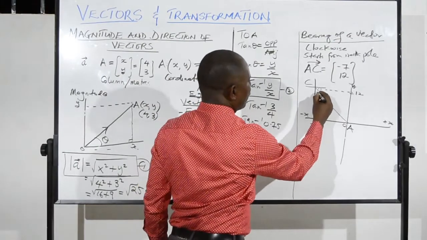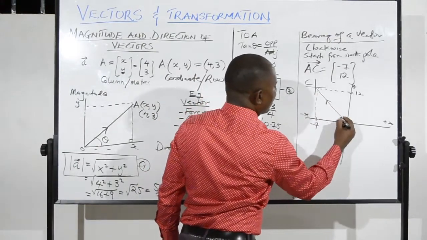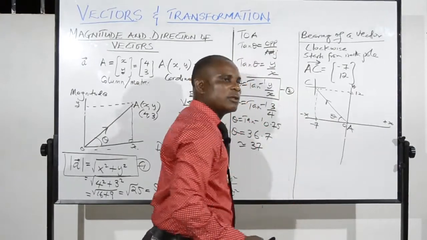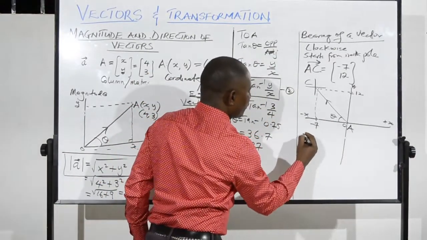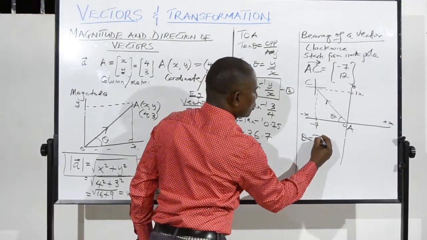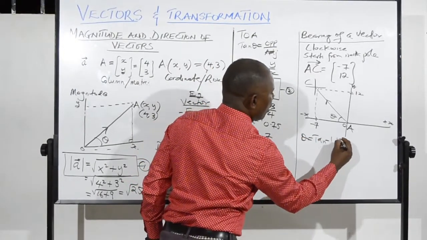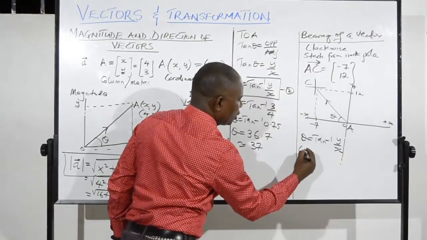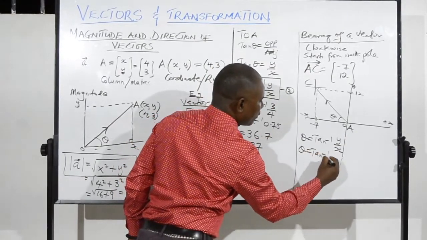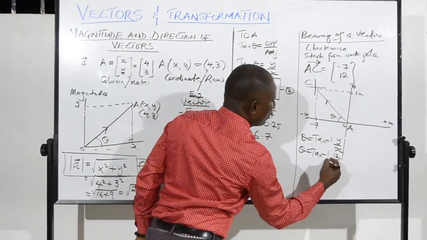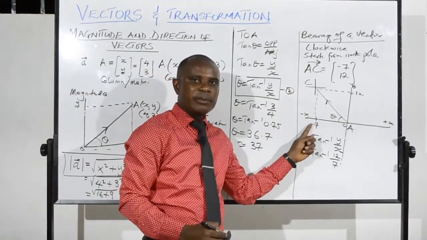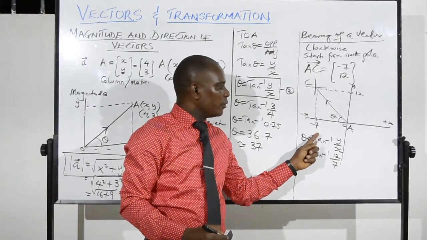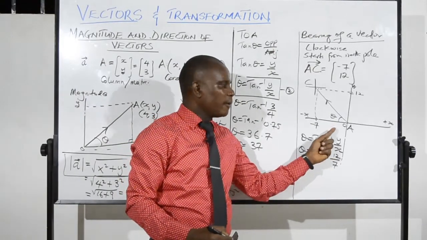So now we want to find the angle between the two of them. If you punch this into your calculator, theta equals tan inverse of y over x. Remember, theta is tan inverse of 12 over 7. I eliminated the minus because we are just finding the direction.